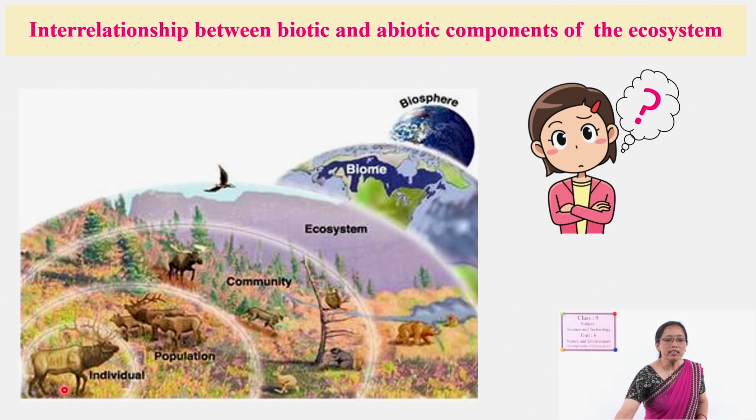A large number of the same species is called a population. Same species of animals, same species of plants, like that, form the population. And populations of different species residing in a particular area at a particular time are called a community.